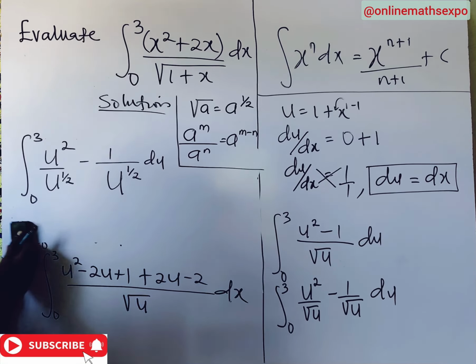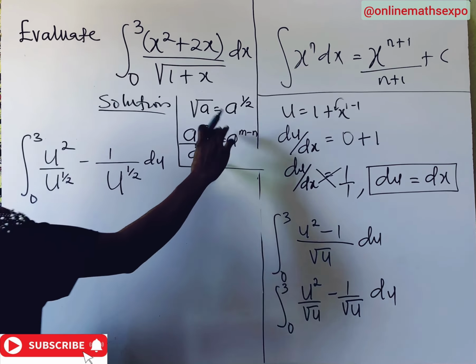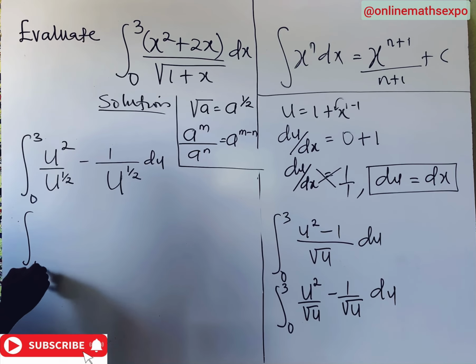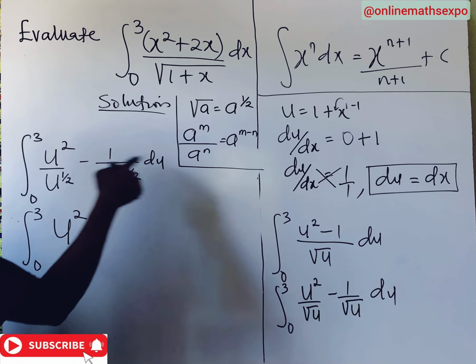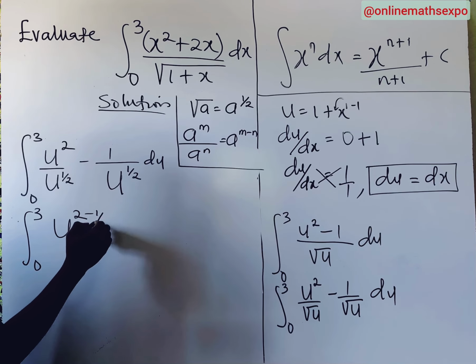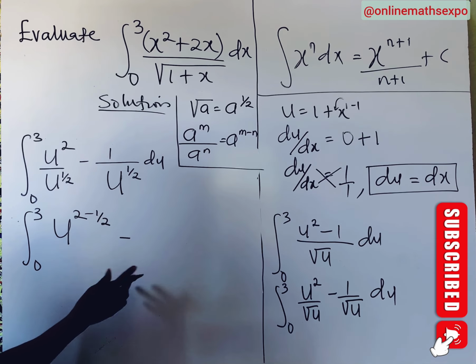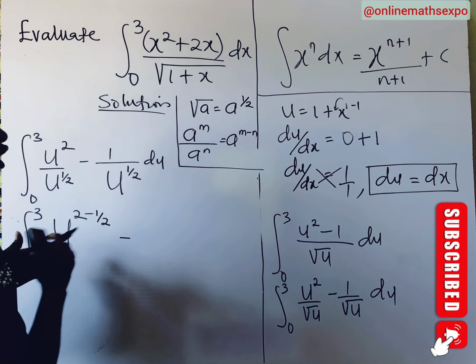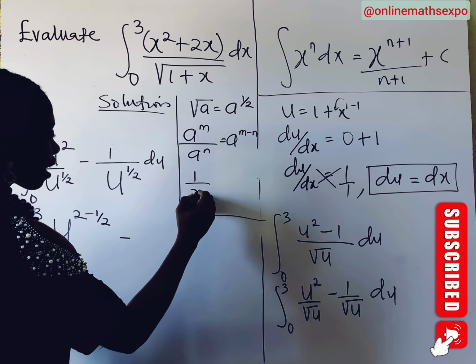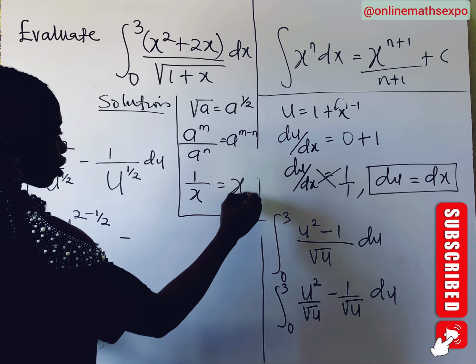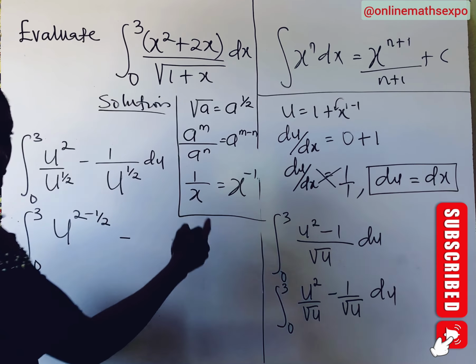So what do you do again? You are now going to return this, which will give us integral from 0 to 3, u squared. Because we are dividing, you are going to subtract the powers. Okay? Minus. Also note that in your indices, if you have 1 over x, it is the same as x to the power of negative 1. I hope it's clear.